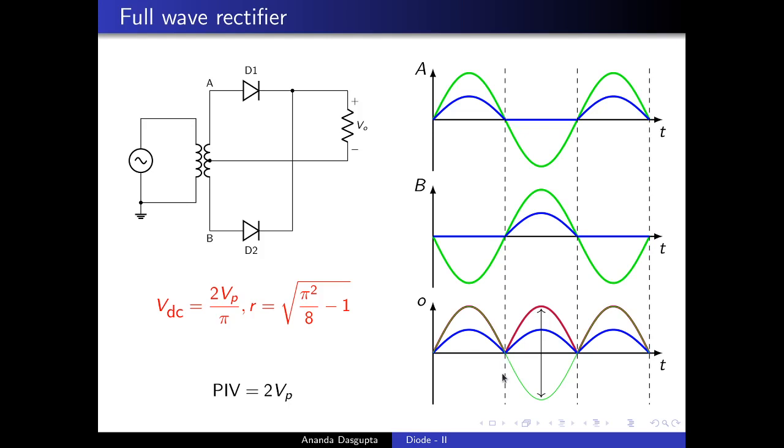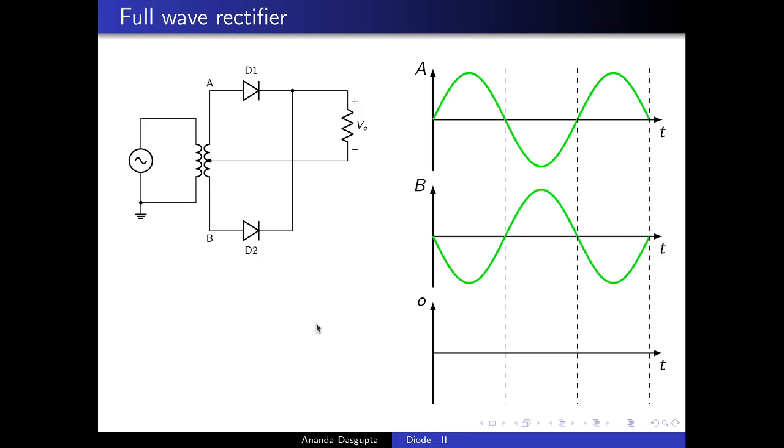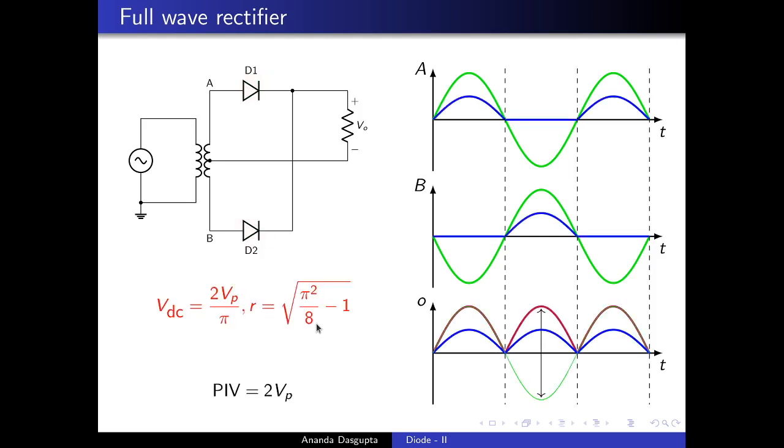But what happens in the other half of the cycle? In the other half of the cycle, voltage at point A goes negative, diode D1 cuts off, but voltage at point B does not become 0. Voltage at point B climbs because now you are getting current through D2. And notice that the peak value of the gap between voltage at point B and voltage at point A, voltage at point B of course is the output voltage, both being measured with respect to the center tap.